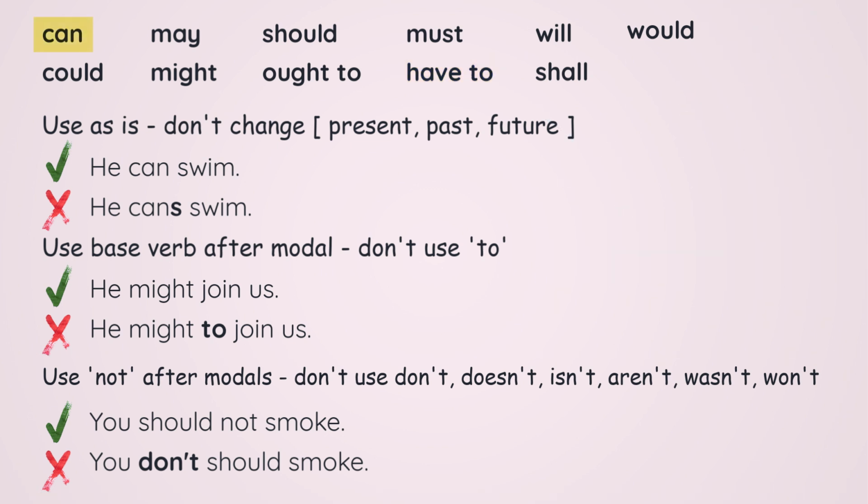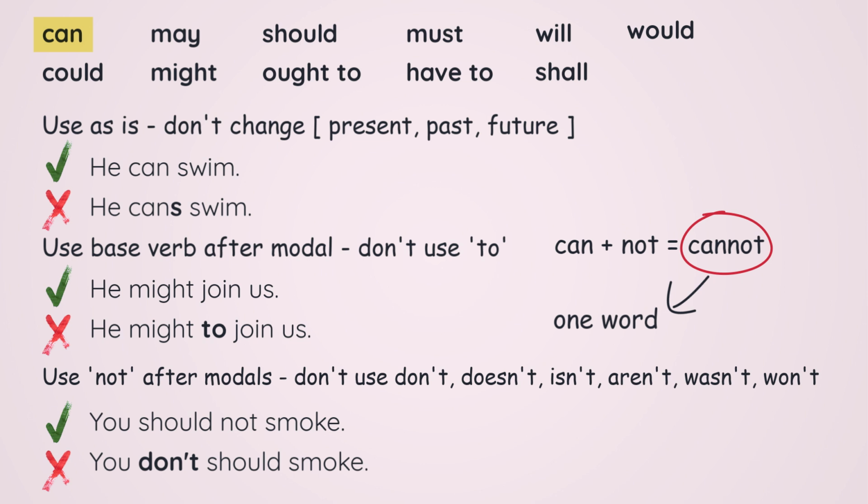And the other thing to keep in mind when you're using this word and not, this is a really common mistake. So the important thing to remember, this actually becomes one word. Okay? Only in that case. You don't say can not, but it's actually one word. Alright?